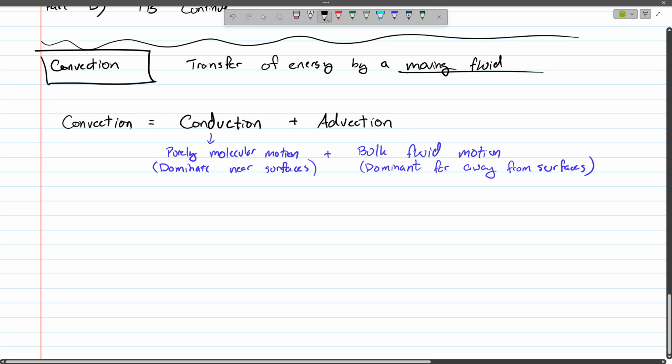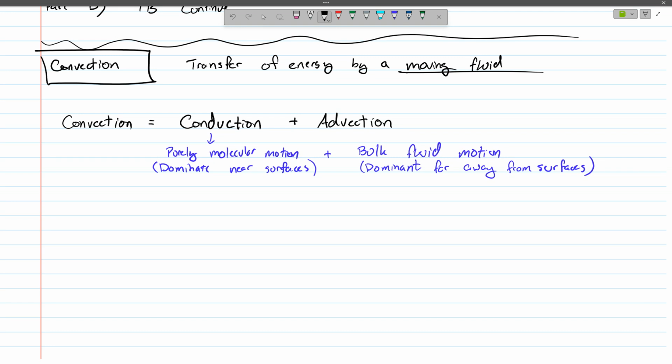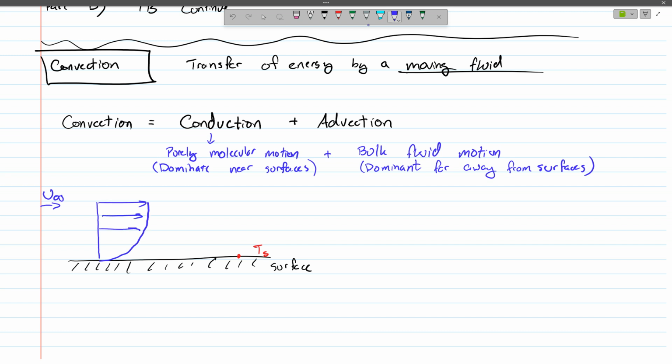So I mentioned fluids, and actually there's some shared DNA between convective heat transfer and fluids, especially in some of the language we use. So for example, in fluids we had this idea of, if we have some surface at some temperature Ts, and some fluid moving past it at some velocity u infinity, then between the surface and far away we have this boundary layer.